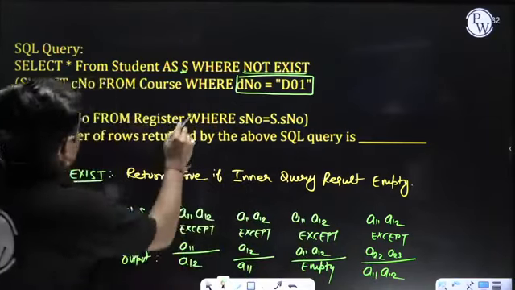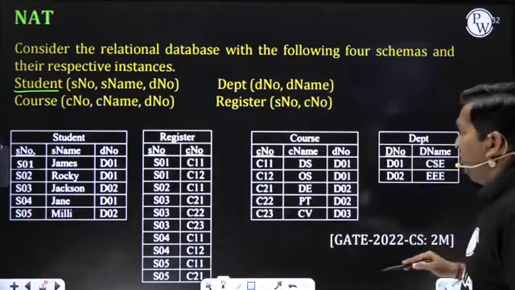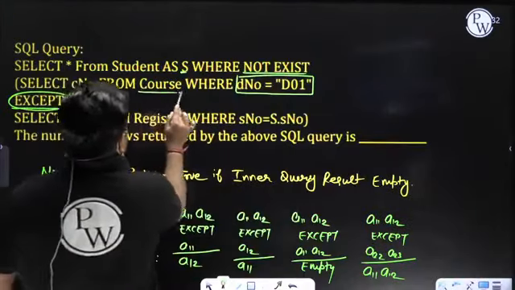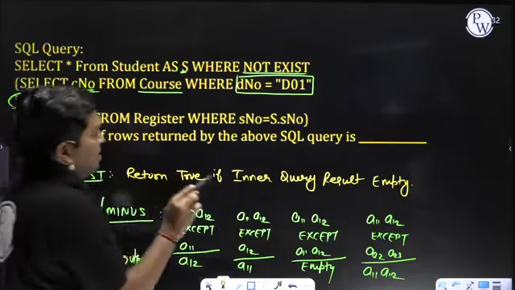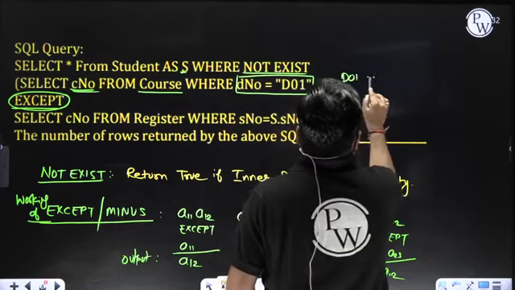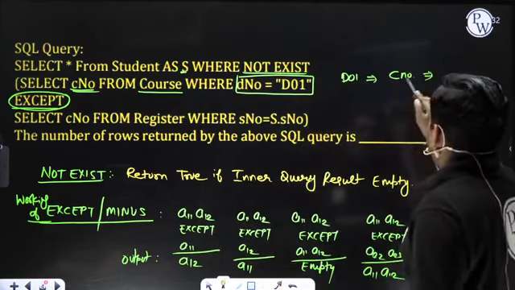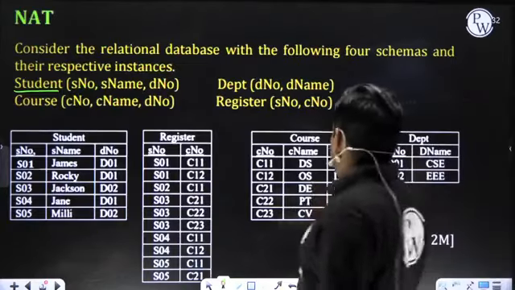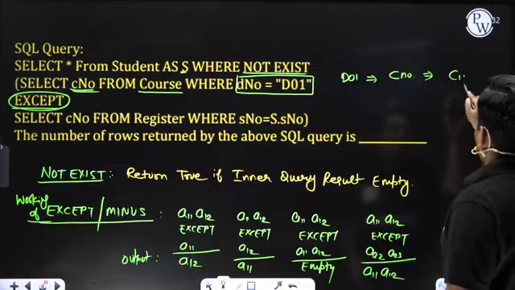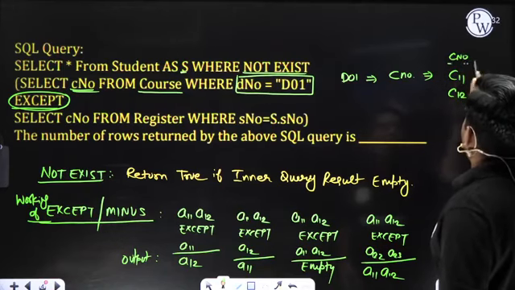First of all, department number D01. From the course table, select course number where department number is D01. Those course numbers are C11 and C12. C11 and C12 are the course numbers.